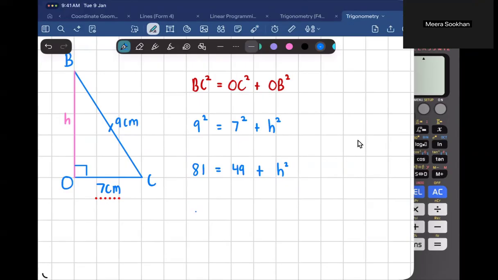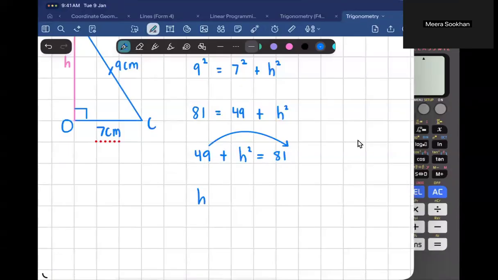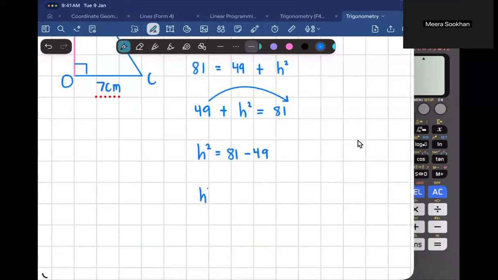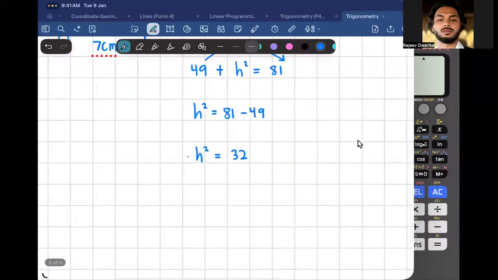H squared is equal to 81 minus 49, which is equal to 32. Well, you could say square root 32, yeah.